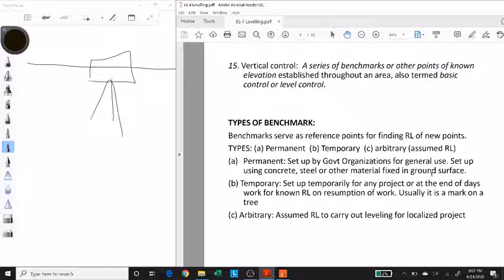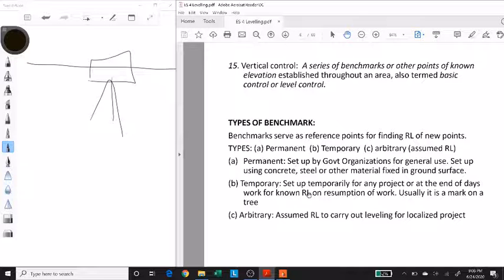So basically, what they do is they set up these benchmarks. So let's say they would set up a benchmark at a particular location in Lahore, that this point in Lahore has a reduced level of this much. So that's the benchmark. So if someone wants to execute a project in Lahore, they can use that benchmark and then they can shift the level to their location and find out reduced levels of their particular locations using the permanent benchmark.